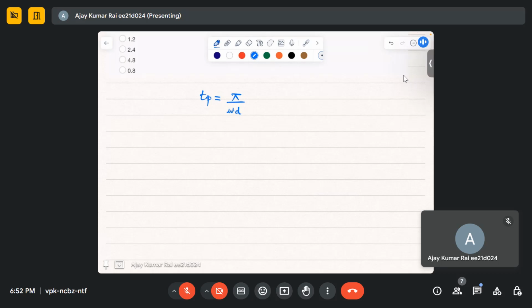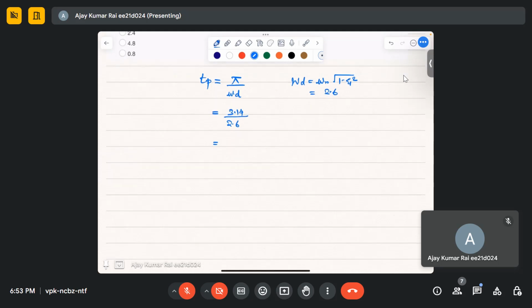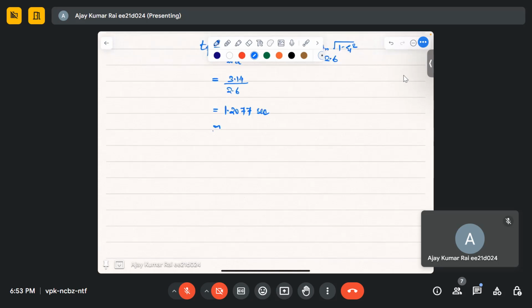It depends on only one parameter, omega d, which depends on natural frequency and damping ratio. What is omega d? I think 2.6, right? So 3.14 by 2.6 gives 1.2077. You can say the peak time is 1.2 seconds.